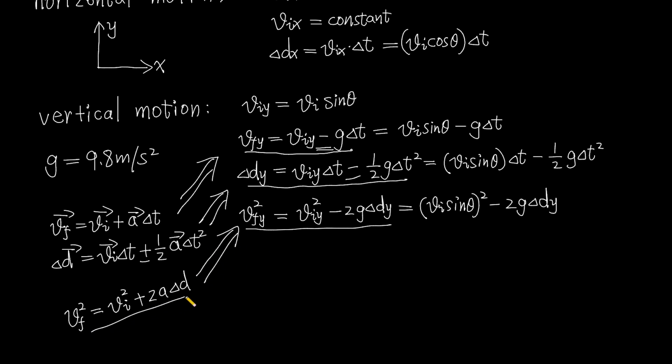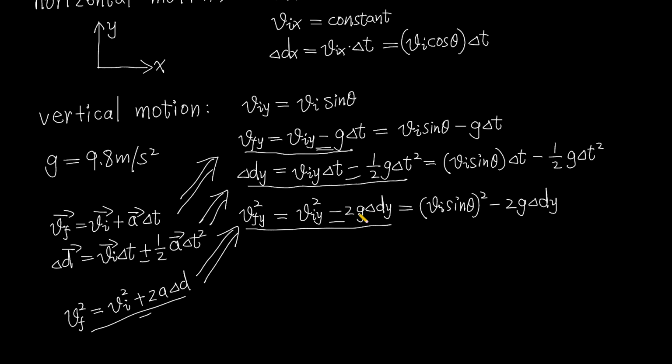You see the left sides are all final velocity squared, and the right sides are initial velocity squared. Here is plus 2 multiplied by acceleration multiplied by displacement. Here is minus 2 multiplied by acceleration multiplied by displacement. Here is plus, here is minus. The reason is the same as above.